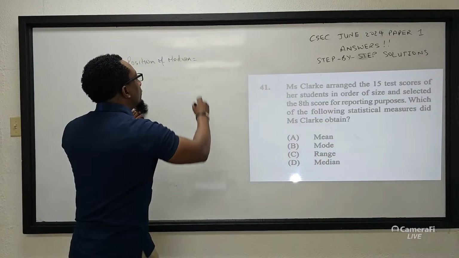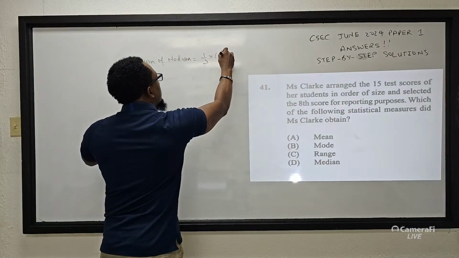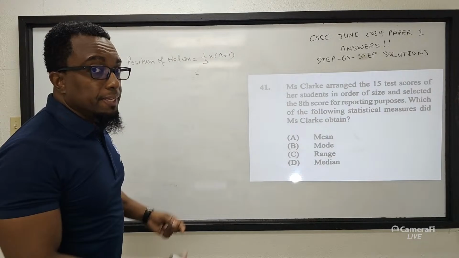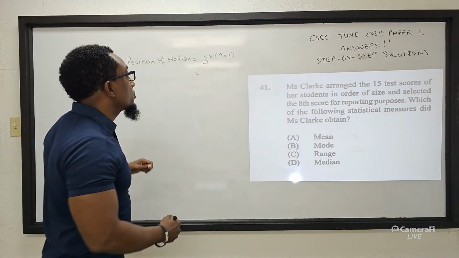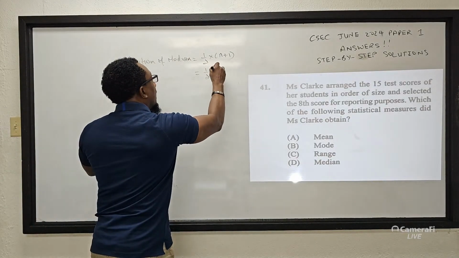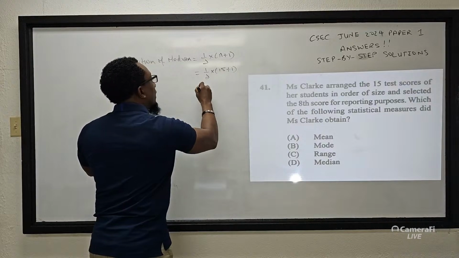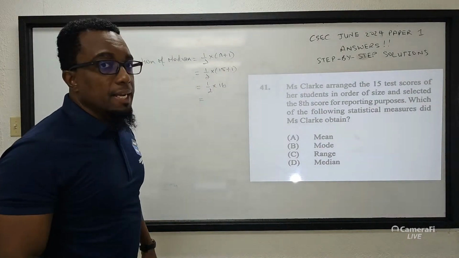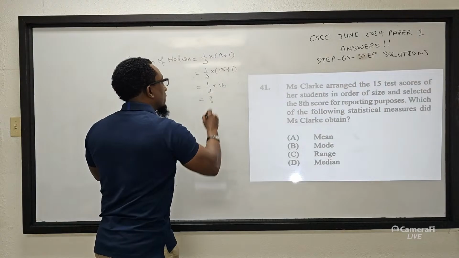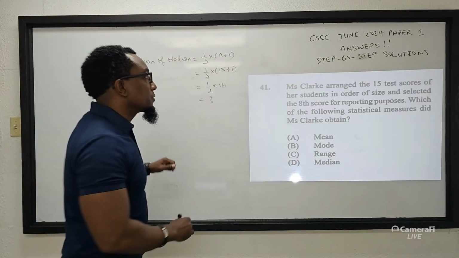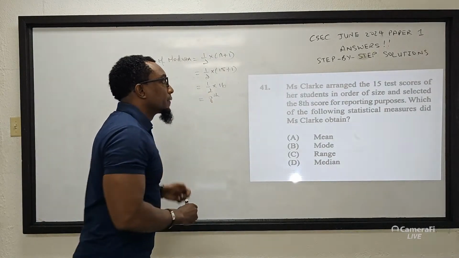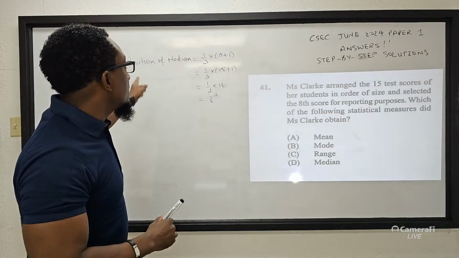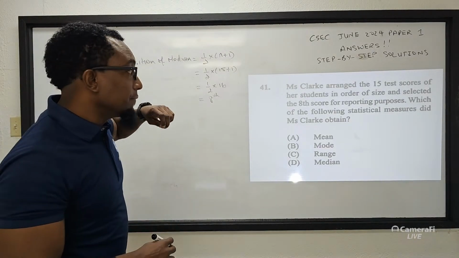because to find the position of the median, we're using this formula, a half times n plus 1. And of course we have 15 test scores, so n is 15. A half times 15 plus 1 will give us a half times 16, and a half times 16 will give us 8, which represents the 8th score, 8th position. And see that this formula represents the position of the median.